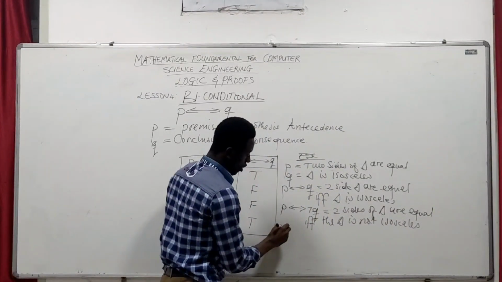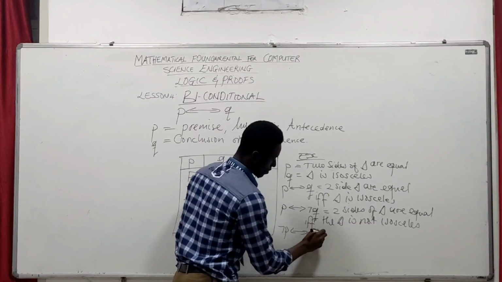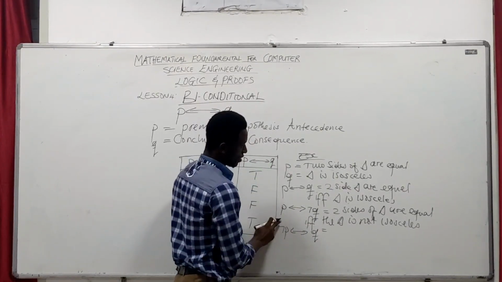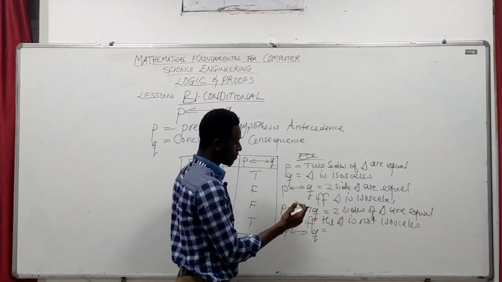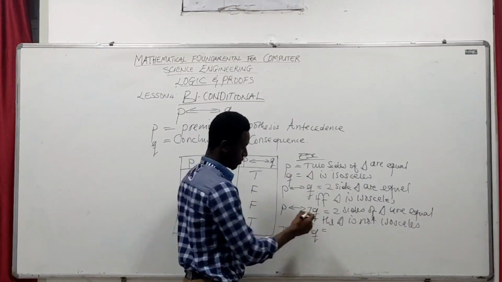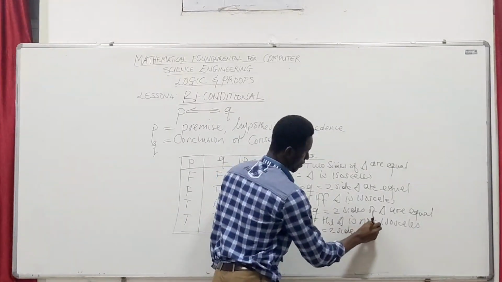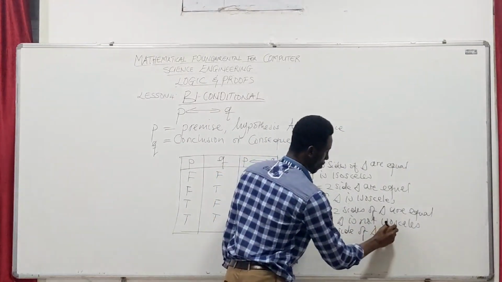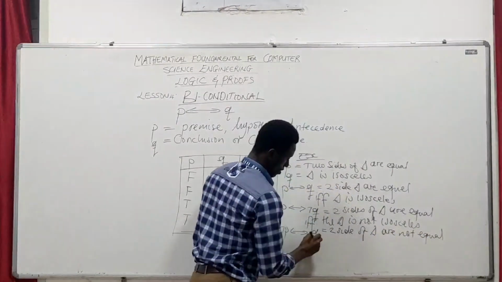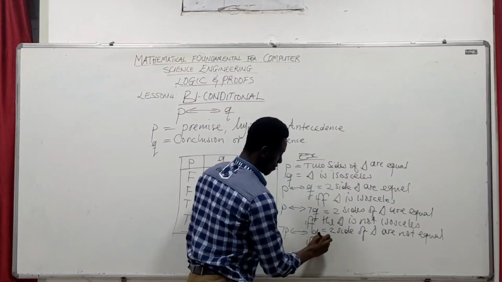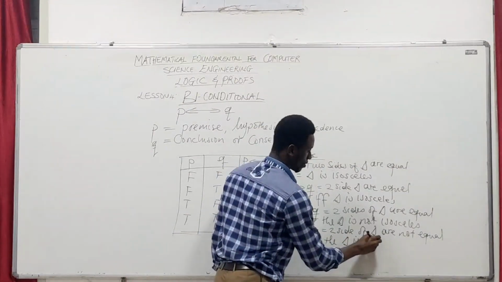Again, you can say negation P double implies Q, which says the two sides of the triangle are not equal if and only if the triangle is isosceles.